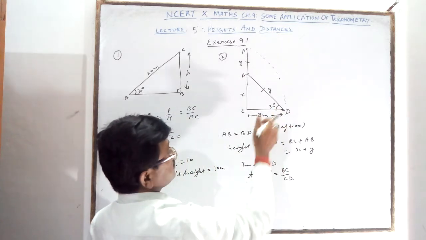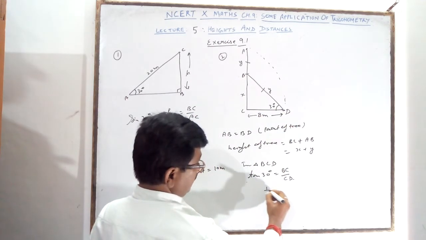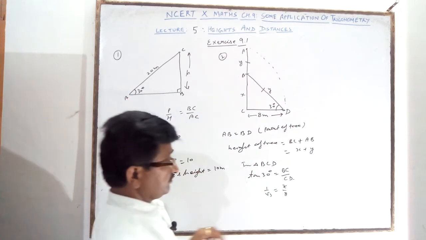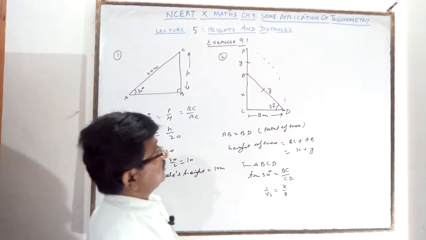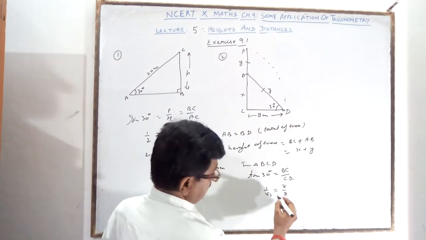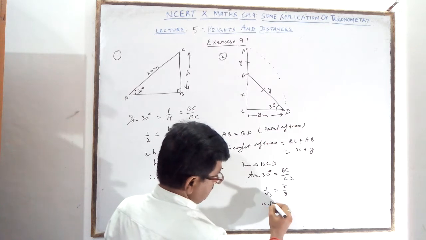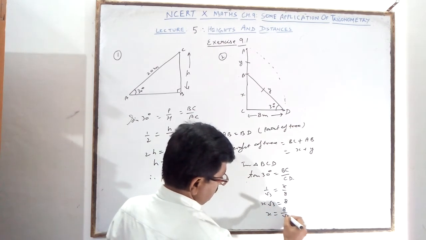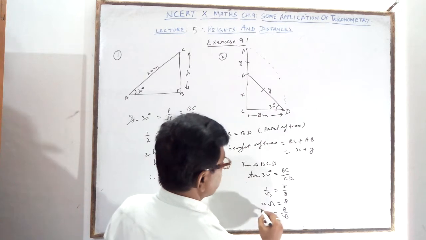So tan 30, 1 by root 3, is equal to x upon 8. Therefore x root 3 is equal to 8. Then x is 8 upon root 3. You are getting x.